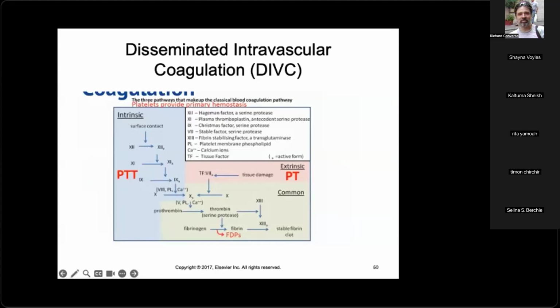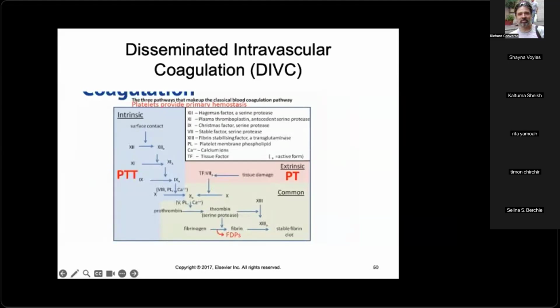The fibrin attaches to the primary clot and stabilizes and strengthens that clot. In the conversion of fibrinogen to fibrin, unnecessary parts of the protein are cleaved off, and these are known as fibrinogen degradation products, which is something we can measure in your serum.